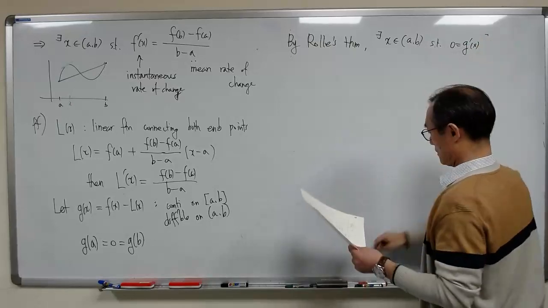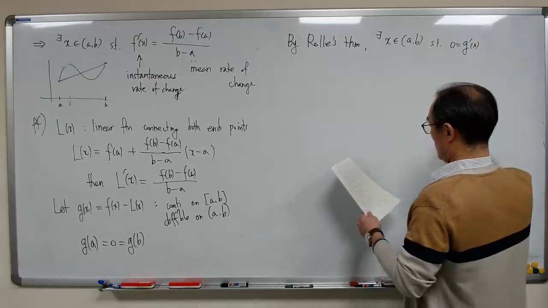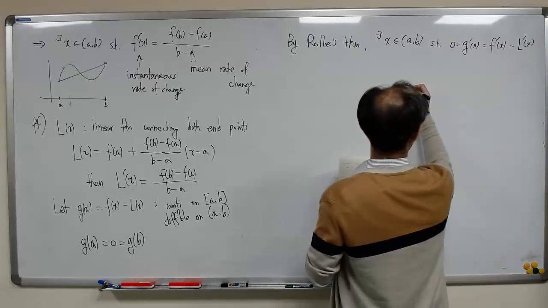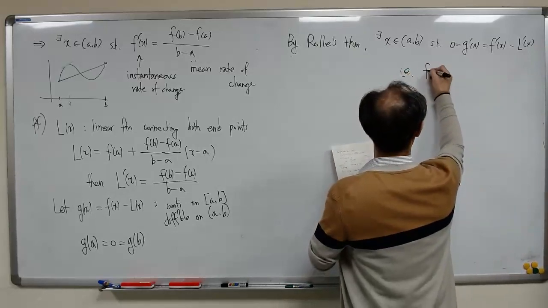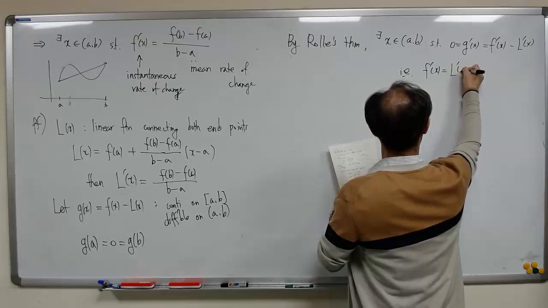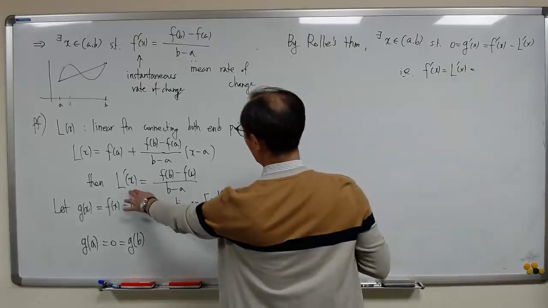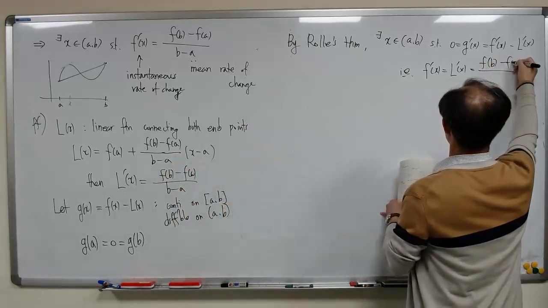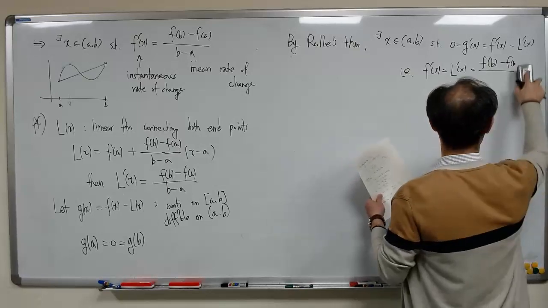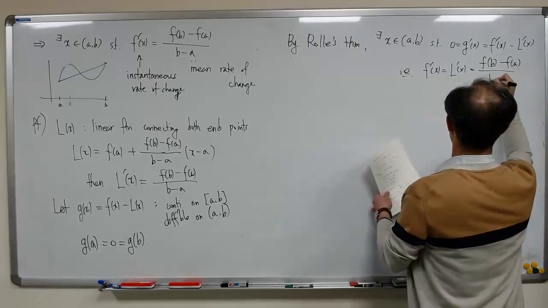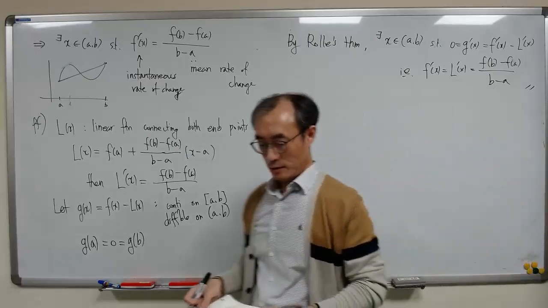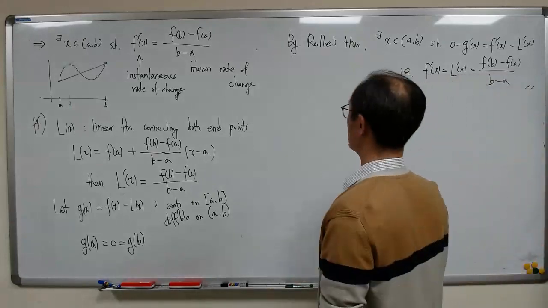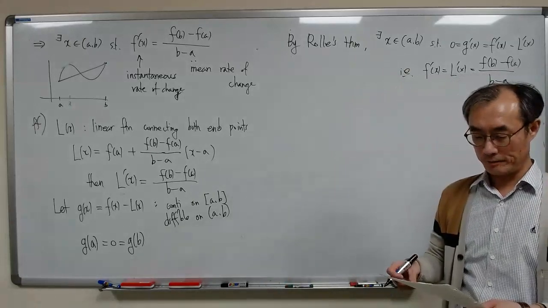And this g prime of x can be expressed as f prime of x minus L prime of x. In other words, f prime of x is the same as L prime of x, and you know L prime is the slope of this straight line, which will be the mean rate of change, f of b minus f of a over b minus a. Okay, that's the proof of the mean value theorem.